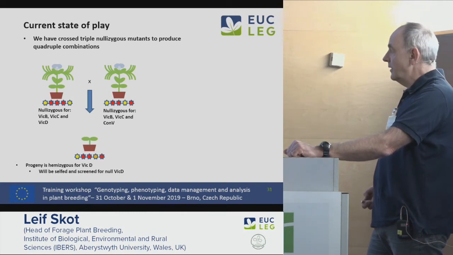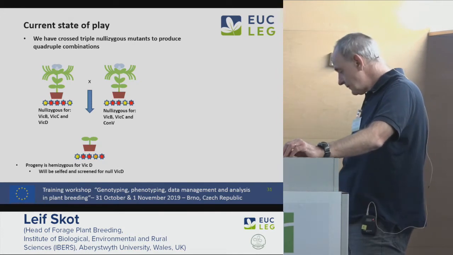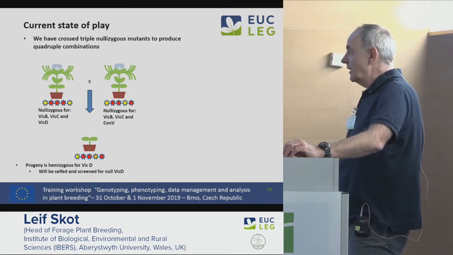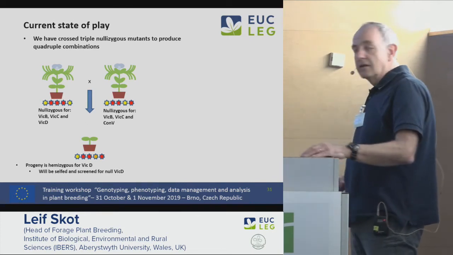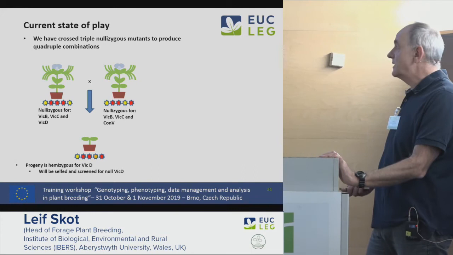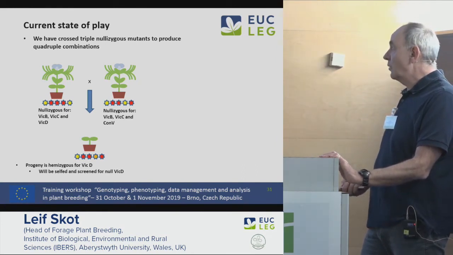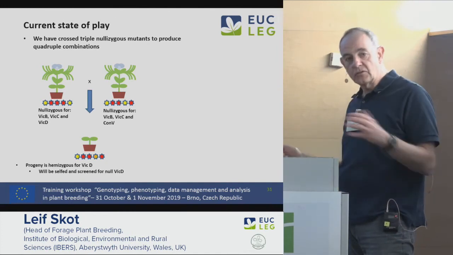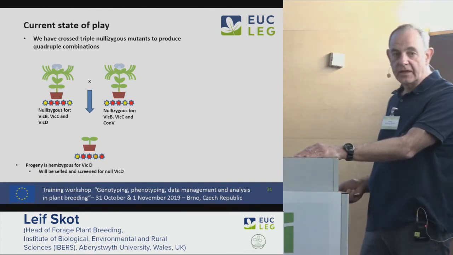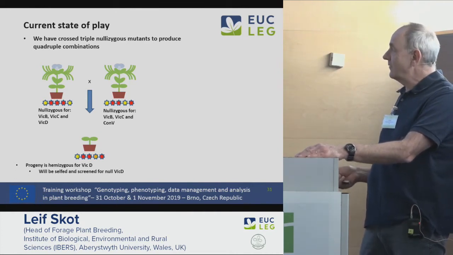It looks like this, where you have 3 nulli-zygous mutations and 1 hemizygous, and that will be selfed to create that null version of vicilin D. So that's quite an ambitious project, but one that's well underway and likely to produce results. In the end, they want to accumulate that into a commercial variety that hopefully has good seed protein, and not the bad versions.